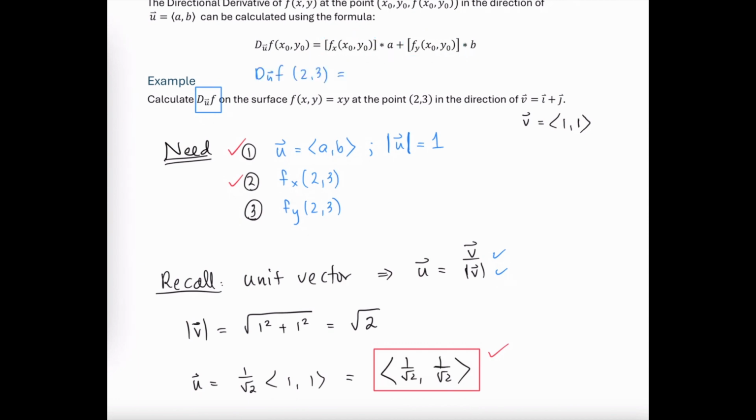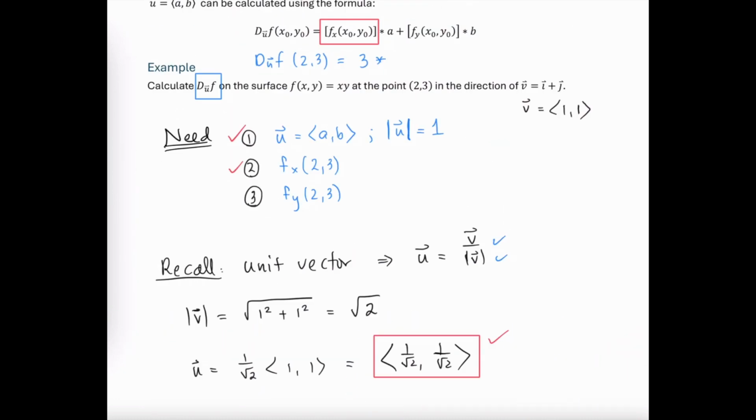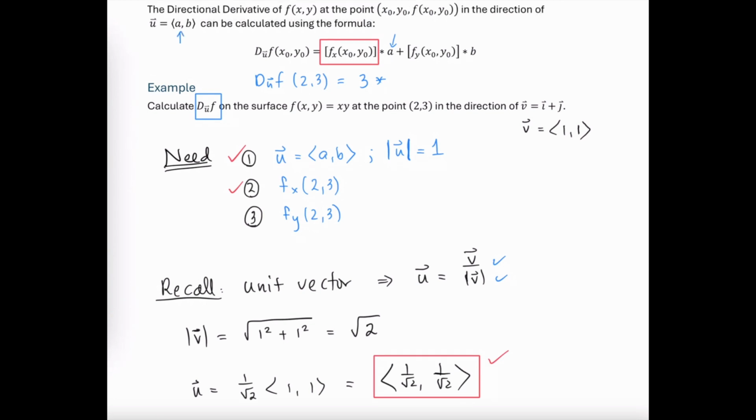So the directional derivative evaluated at the ordered pair (2, 3) is going to be the first partial with respect to x evaluated at (2, 3), which we found to be 3, times a, which is the horizontal component of our unit vector, and in this case our unit vector a and b quantities are both 1 over square root of 2, plus to that we're going to add the first partial with respect to y evaluated at (2, 3), which we found to be 2, and then we'll multiply that by the b component of our unit vector, which again is 1 over rad 2.